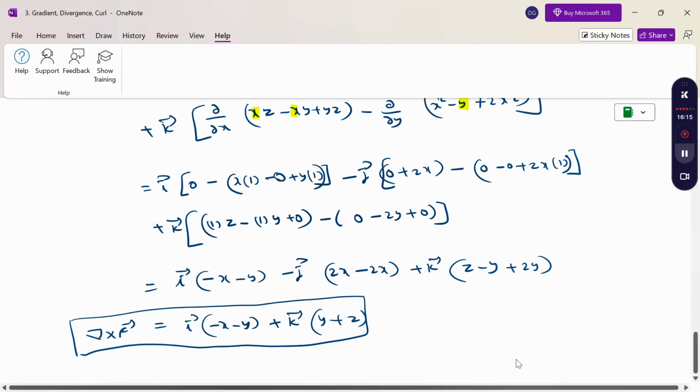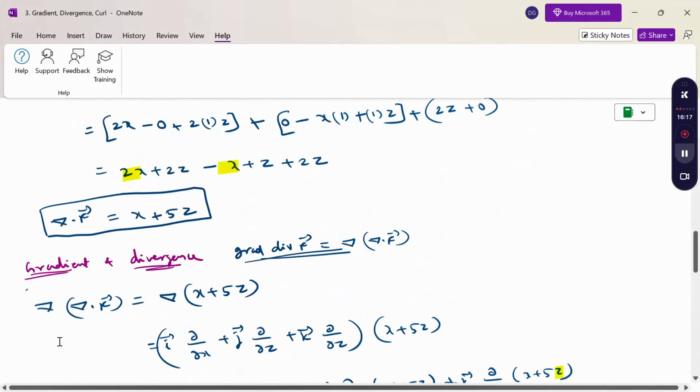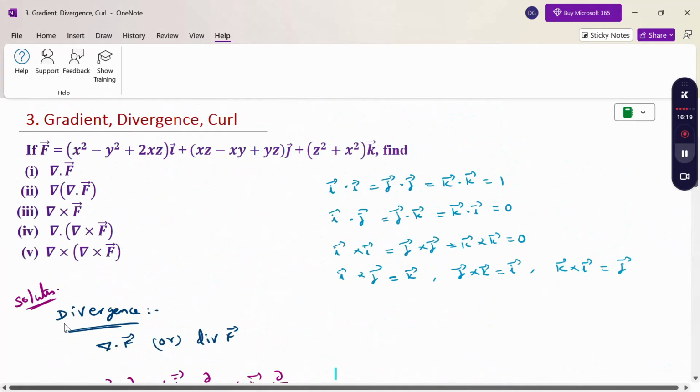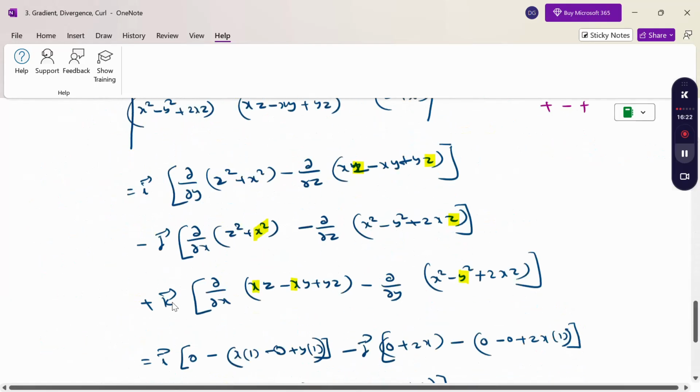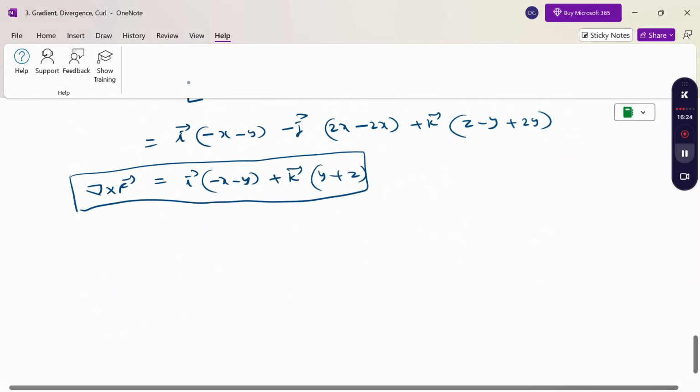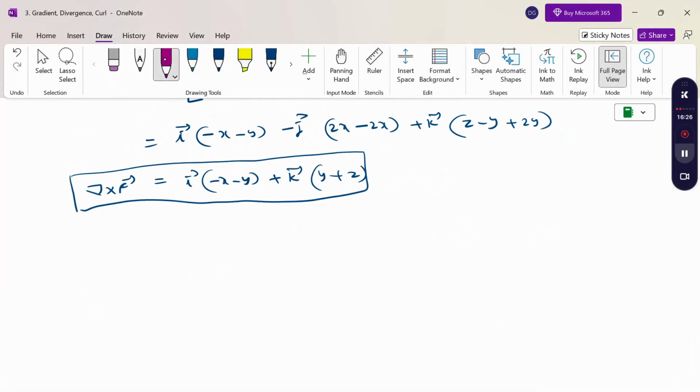Now what is the next question? Del dot del cross f vector. Del dot del cross f is nothing but the divergence of curl f vector.